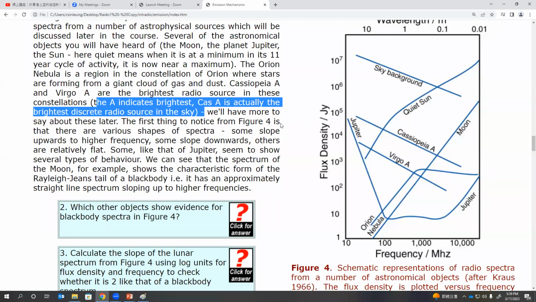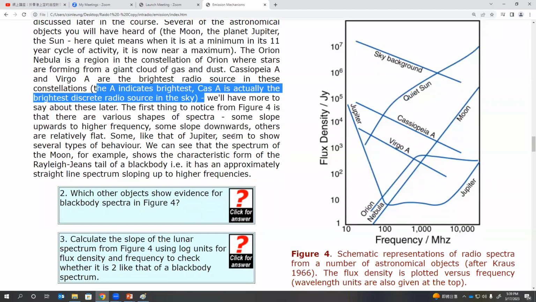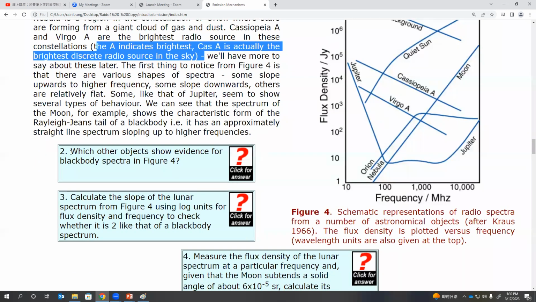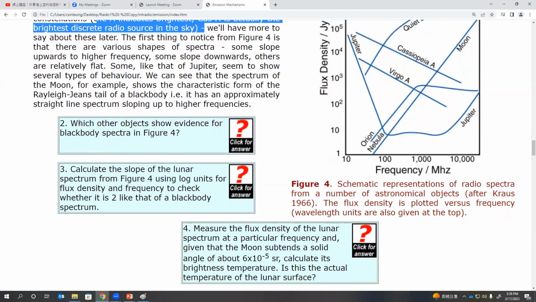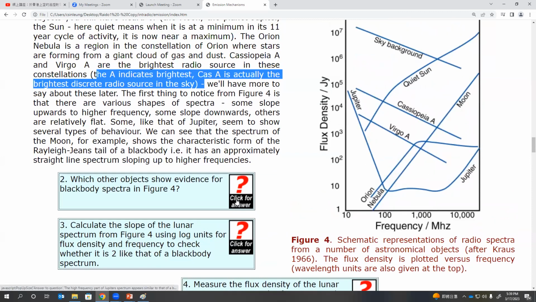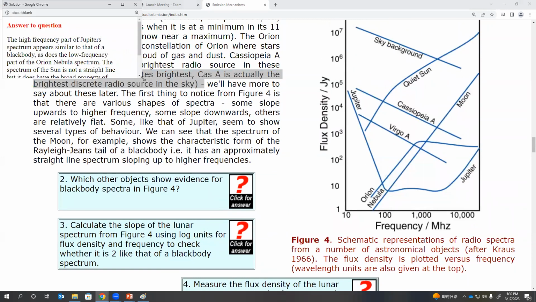A few years ago, the first black hole picture based on the EHT, Event Horizon Telescope, showed you the first picture corresponding to Virgo A. Now, if you look at this question number 2, which objects show evidence for blackbody spectra in this figure 4, I will reveal the answer and discuss it with all of you.